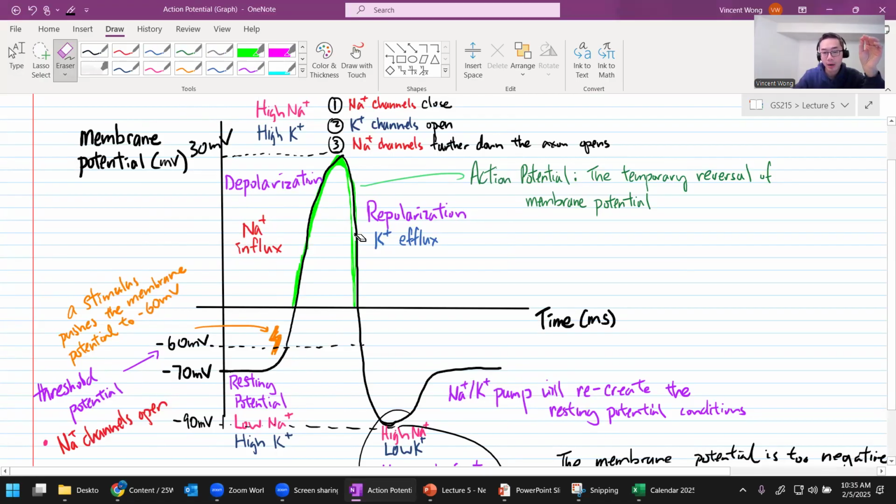So on the way down on our graph, even though you reach negative 60 again over here, right? This does not trigger sodium channels again, because they are in refractory period.